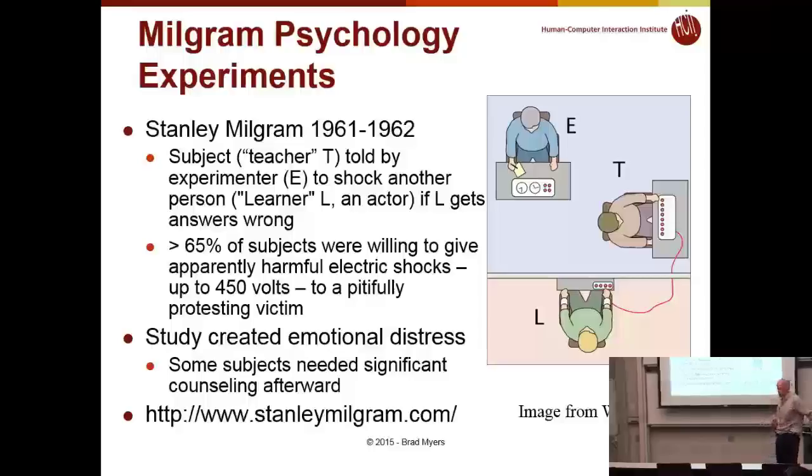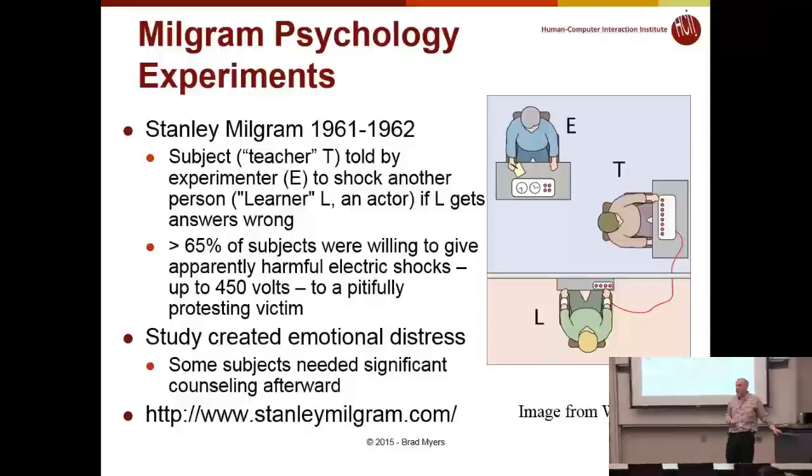They've done several repeats. And so if you go to Wikipedia or this website, there's lots of information about this experiment and repeats and so forth. But nowadays, you can't really get away with doing this kind of experiment without a lot of different design.